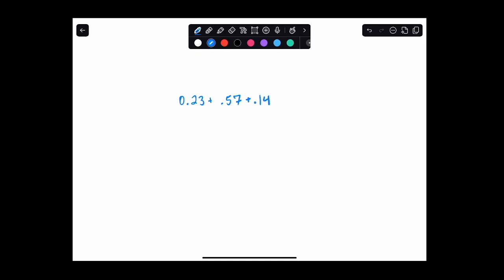We know that everything has to add up to 1, so if we do 1 minus all of that other stuff, that should give us the one that we're missing. So let's see, 0.23 plus 0.57, that would be 0.8, and then if we add 0.14, that would be 0.94. So if we do 1 minus that sum, this would be 0.06.